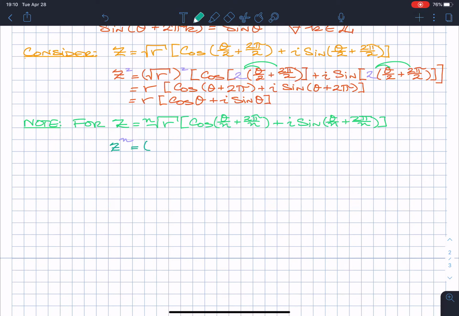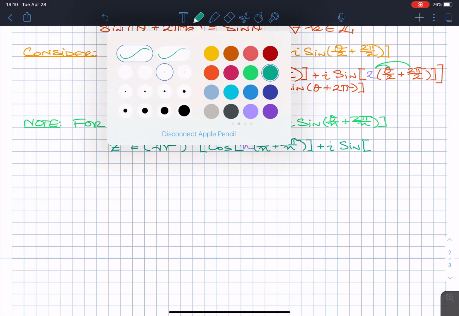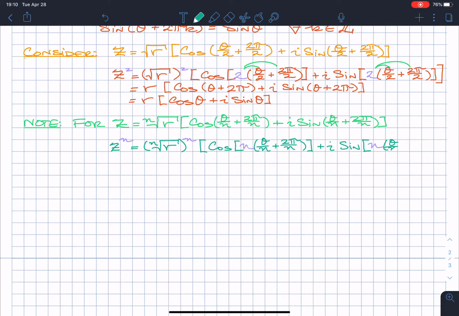Well, what we get is quantity, the nth root of r, to the n, times cosine of n times the quantity theta over n plus 2 pi over n inside the argument, plus I times sine of n times the quantity theta over n plus 2 pi over n, all of that inside the argument of sine.